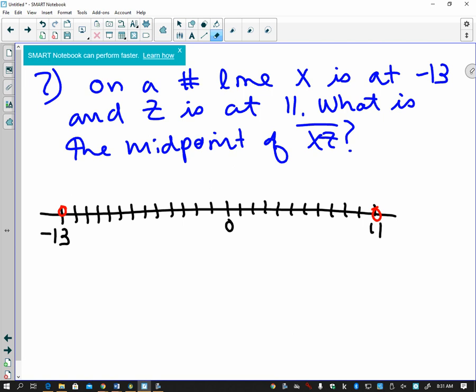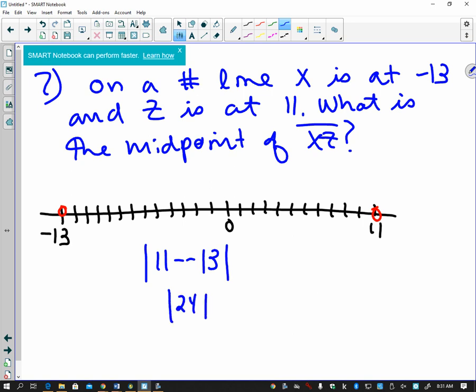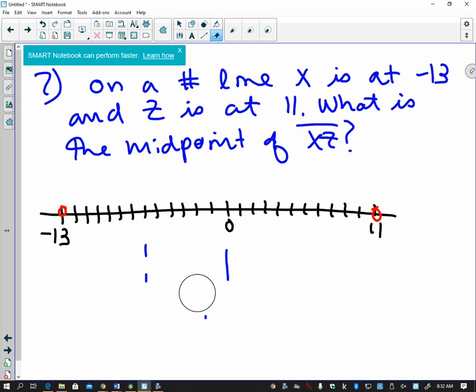Did we do something wrong? 11 minus negative 13. It's going to be positive 24. What's that? Say that a little louder. Add them and divide by 2. Okay.